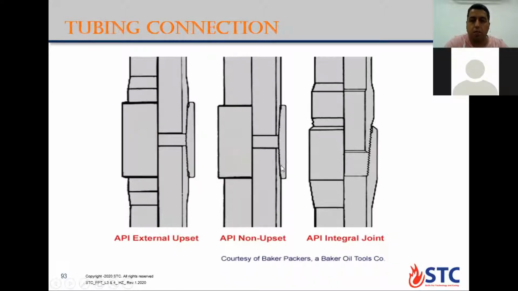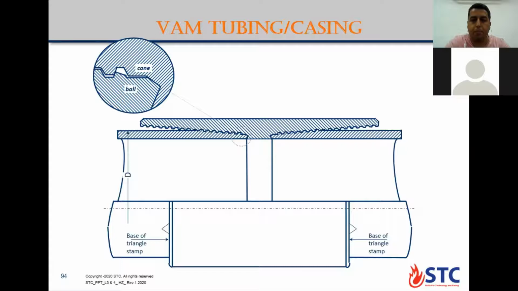There is no offset here. This is the offset area. And this is the API integral joint, pin by box connection. This is the thread, and this is the box coupling for the VAM tubing or casing.